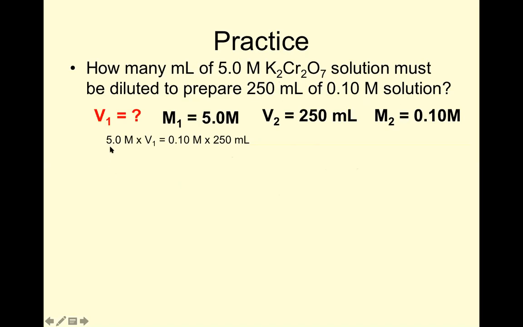M1 times V1, 5 times V1 is equal to M2, 0.10, times V2, 250 milliliters. Rearrange it to solve for V1. So I'm going to do 0.10 times 250, divide by 5, and that gives me 5 milliliters of stock solution that I need to use to prepare this combination.